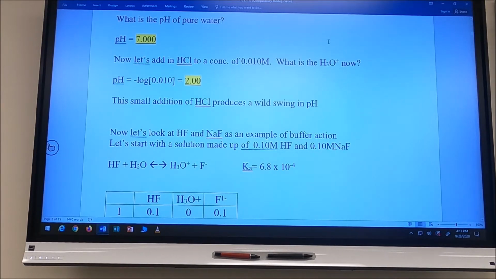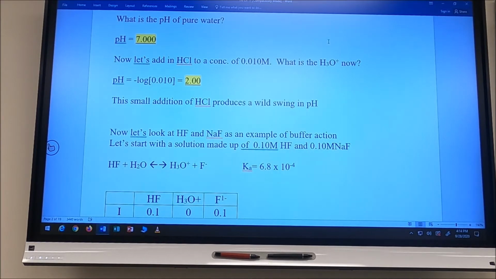Now let's add some HCl to a concentration of 0.010 molar. If we do that, the pH drops from 7 to 2. That's a 5 pH unit drop. That's major. So this very small addition of HCl produces a large swing in pH.